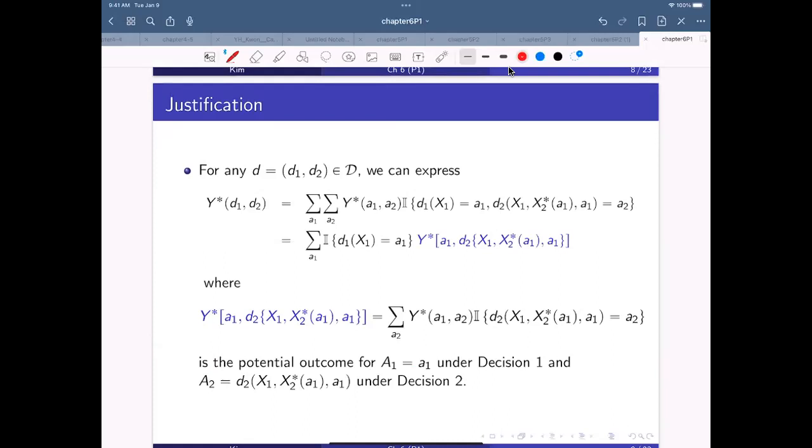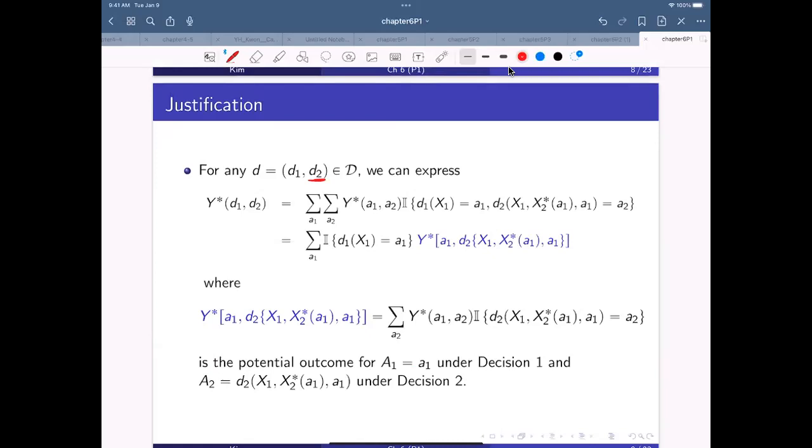So basically we can write it as an indicator function. You can see that D2 depends on the potential outcome. So this is really quite a complicated random variable, but you can split it because it's an indicator.